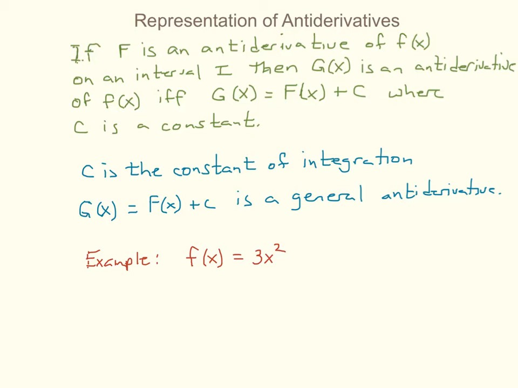So in this case, I would say that capital F of x is going to be x to the third plus c, our constant of integration. Whenever we're finding an antiderivative, we need to include that plus c at the end.